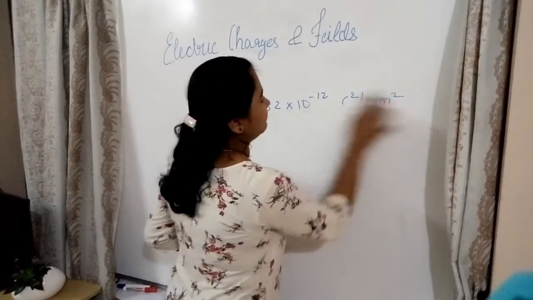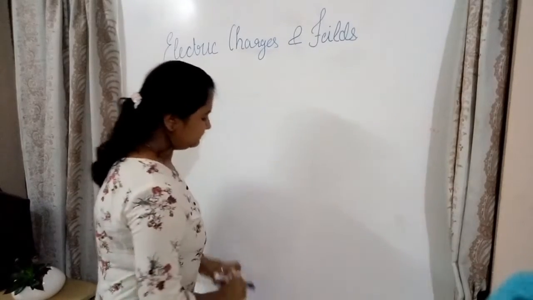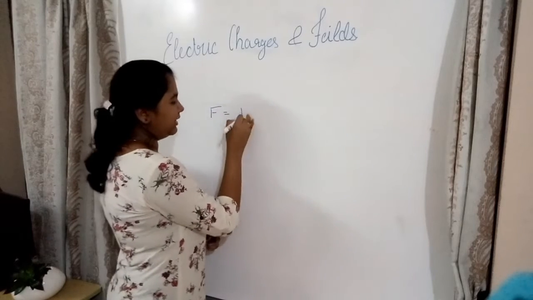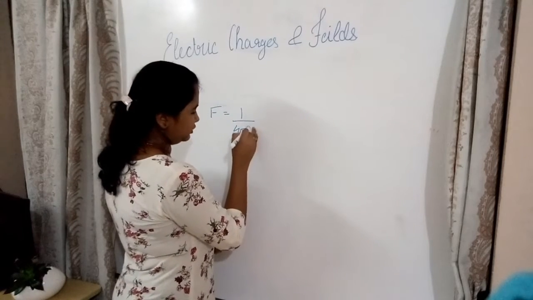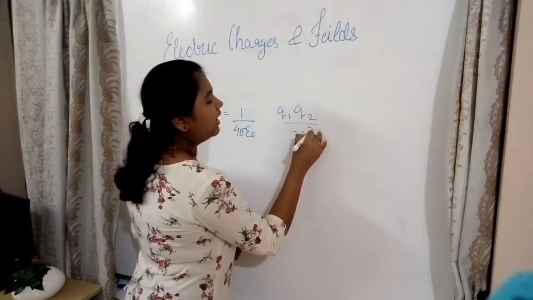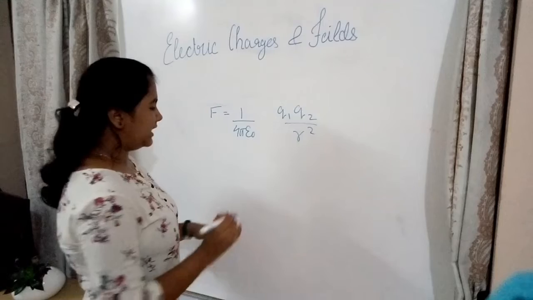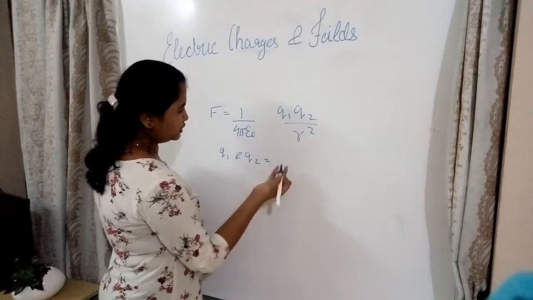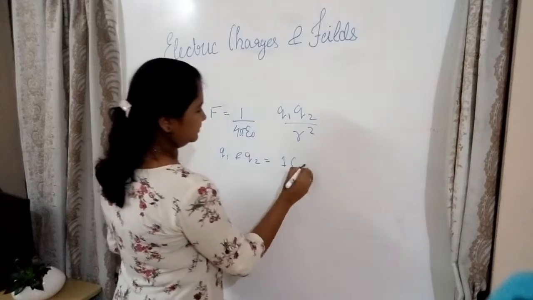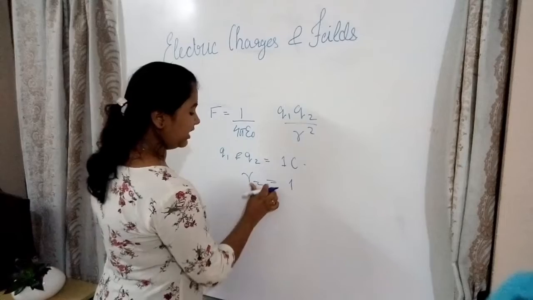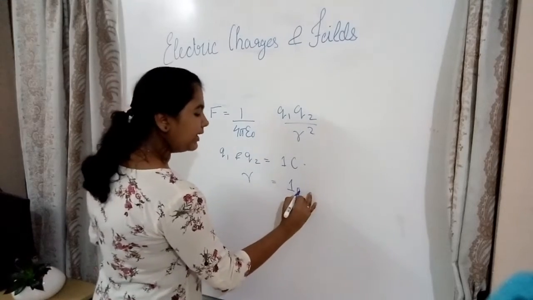Now we'll equate the equation of force to something. So let's see. We know F is equal to 1 by 4 pi epsilon 0 Q1 Q2 divided by R square. Okay. So let us assume Q1 and Q2 is equal to 1 coulomb, and R is equal to 1 meter.